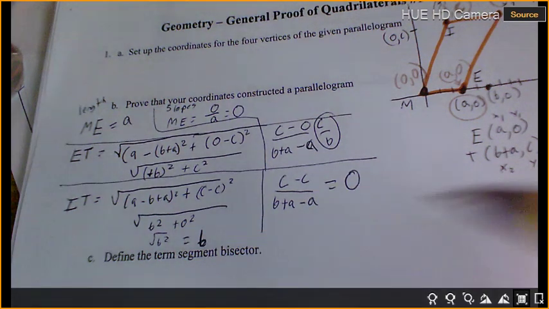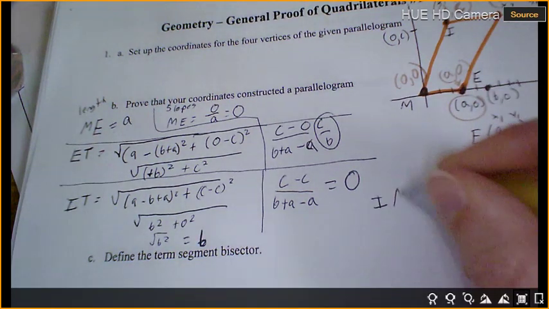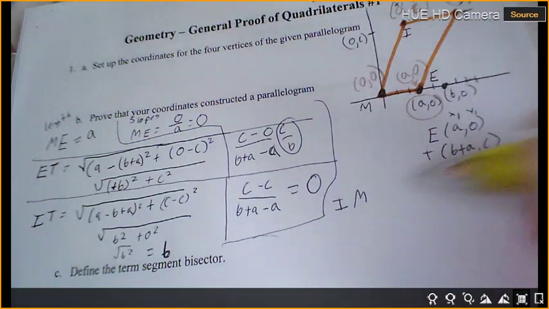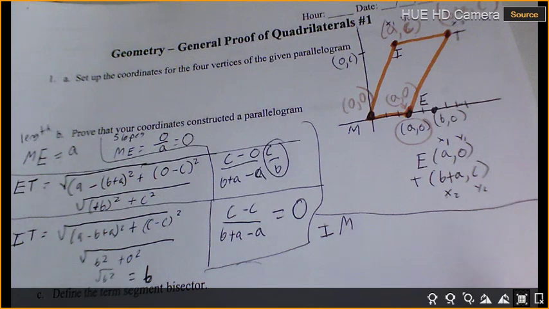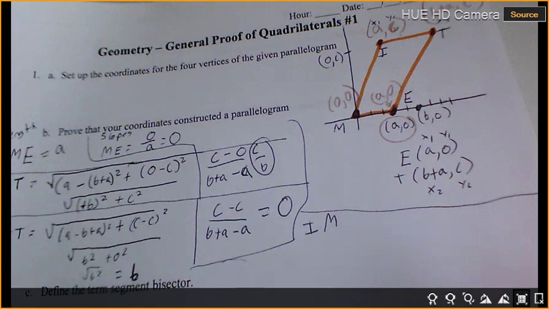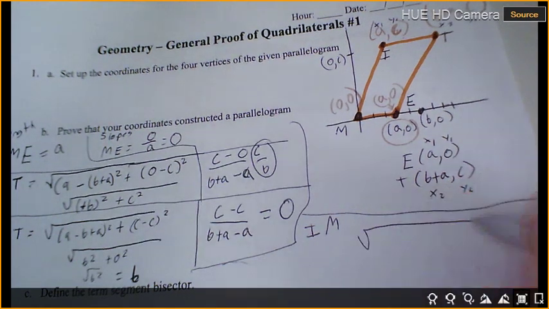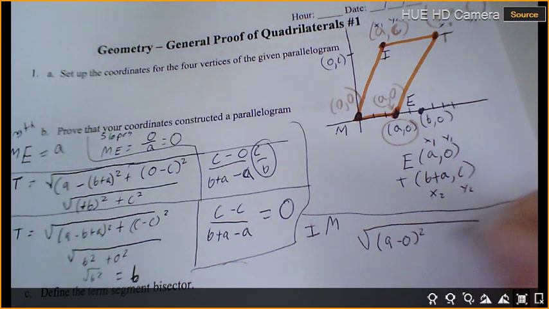Now we're going to do I to M. I'm going to do it over here because I ran out of room. We have to find the length and the slope. So I to M: the square root of A minus 0 squared plus C minus 0 squared.